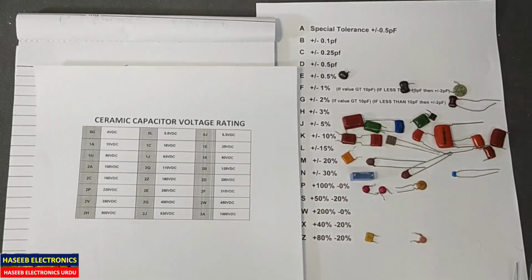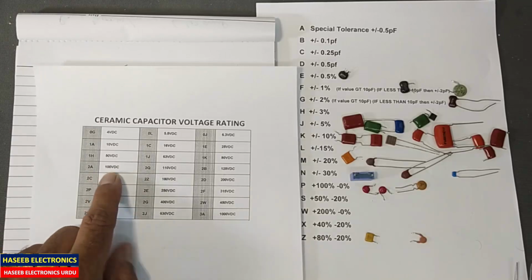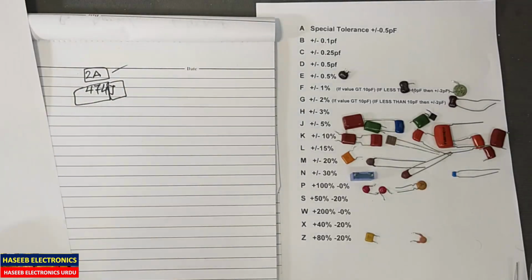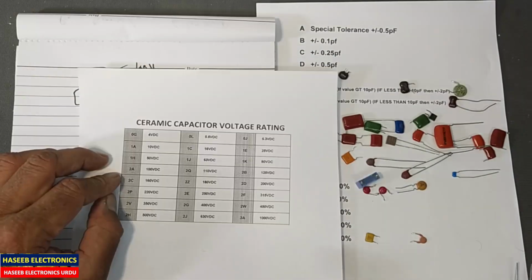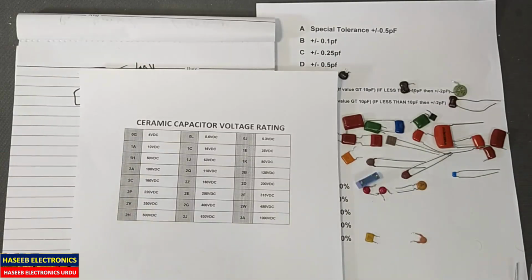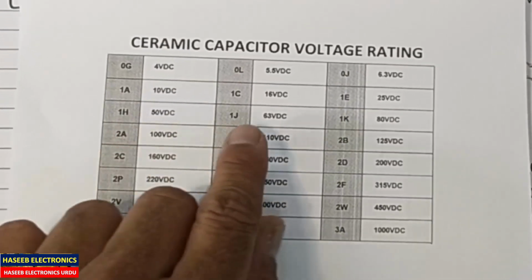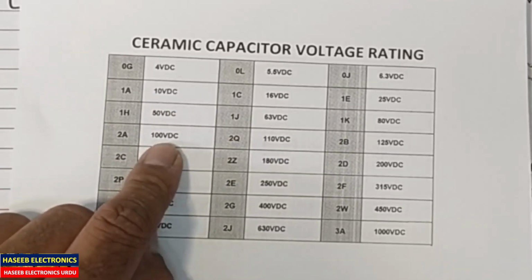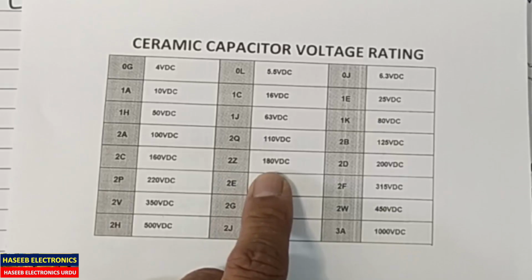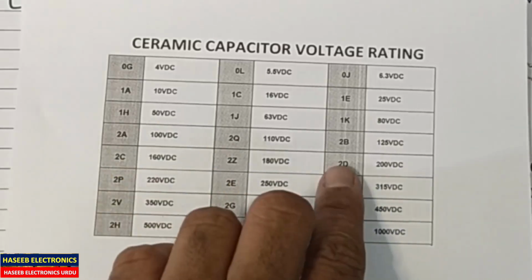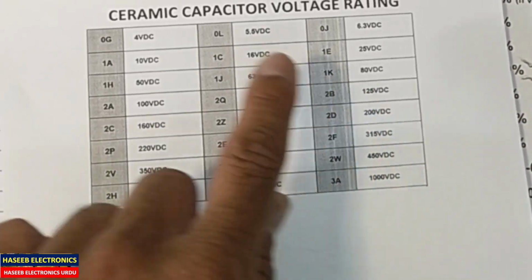If we see this chart, 2A means it is 100 volts. I will give the link of these charts in the video description. You can download it. If it is 2Z, that means 180 volts. If it is 2D, 200 volts. You can follow these charts to decode the voltage.